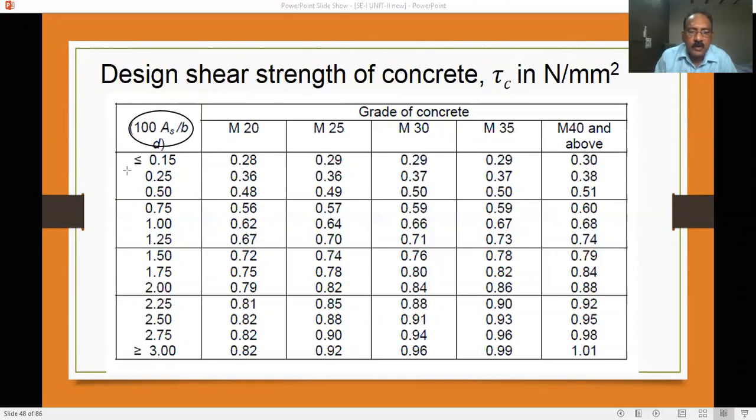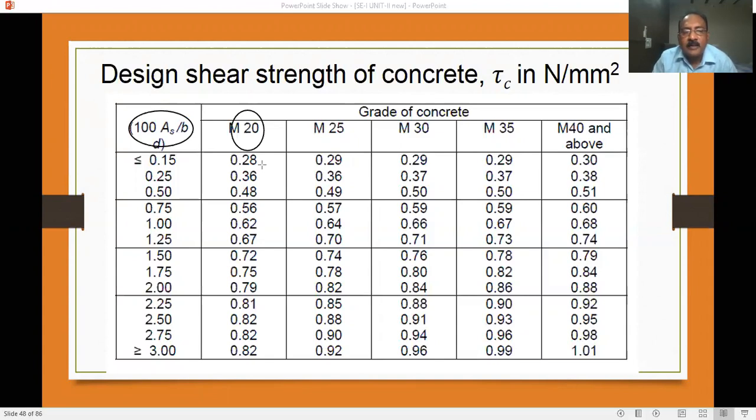Here you will observe this is percentage of steel. If this ratio is less than or equal to 0.15, and if it is M20 grade concrete, this is 0.28 Newton per mm square. That is tau C equal to 0.28 Newton per mm square. This is the design shear strength of concrete.